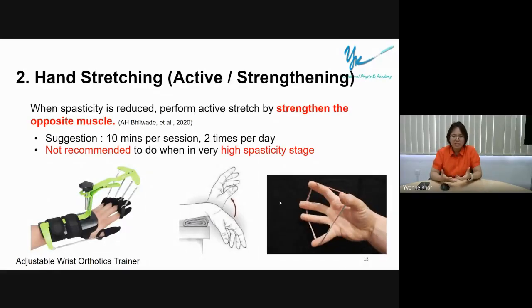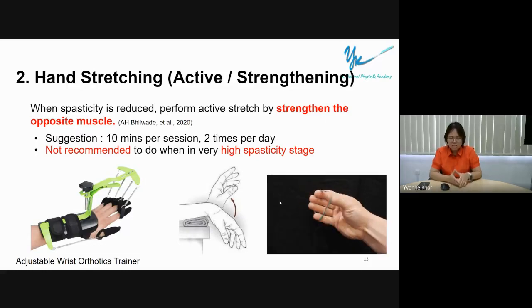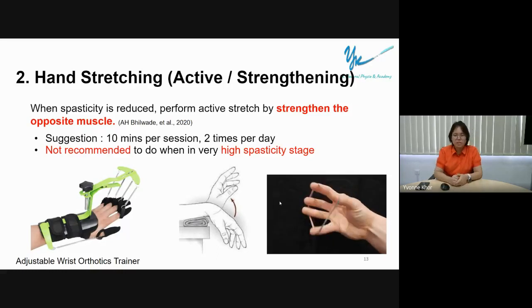Because with strengthening during the spasticity stage, the patient may do compensatory movement, which may cause the muscle to tighten more or more spasticity. So it's better to reassess the stage of the stroke, and only then prescribe the treatment.